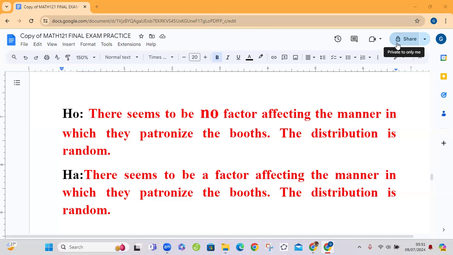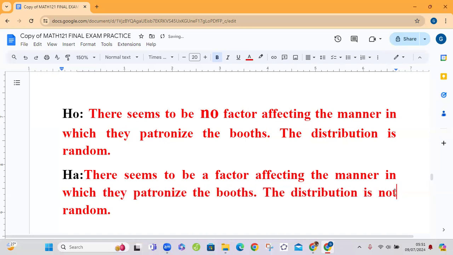So the null will say the distribution is random, and the alternative will say that the distribution is not random. So this is a little typo right there. So I repeat, the null will say the distribution is random, no factor affecting, and the alternative will say that the distribution is not random. There is a factor affecting.